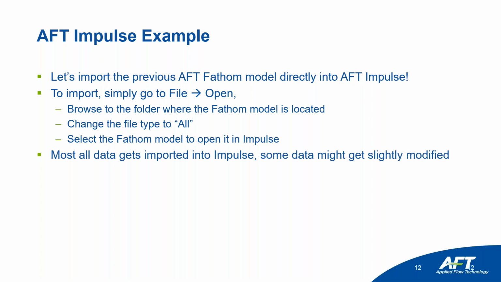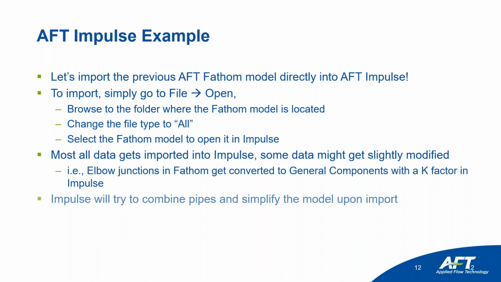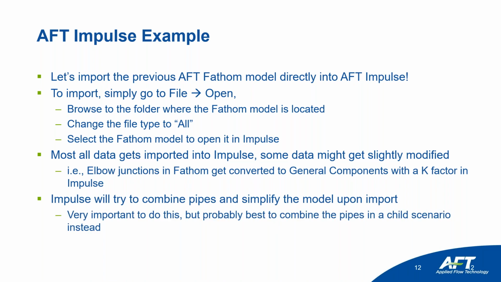Some data might need to be slightly modified. For example, your elbow junctions in Fathom get converted to general components with a K factor in Impulse. That's another discussion for another day. And then Impulse will also try to combine pipes and simplify the model upon import. It's very important to do that, but probably best to combine the pipes in a child scenario.